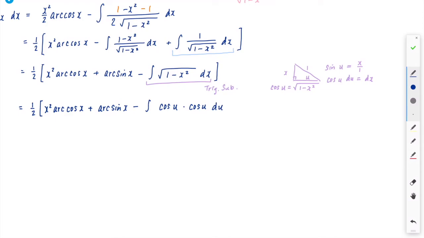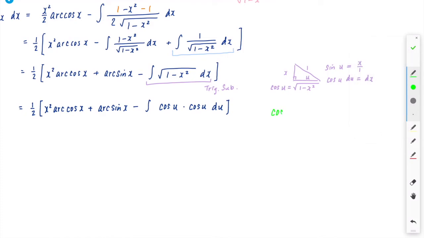Are you with me? And then the question is, how do I integrate cosine squared u? I don't have a power pattern. This is not really an integration by parts pattern, because it's really just the square of cosine u. So what happens here? What about a trig identity?